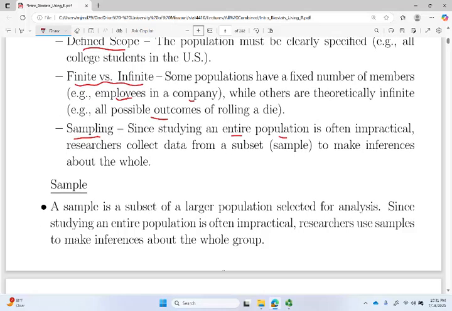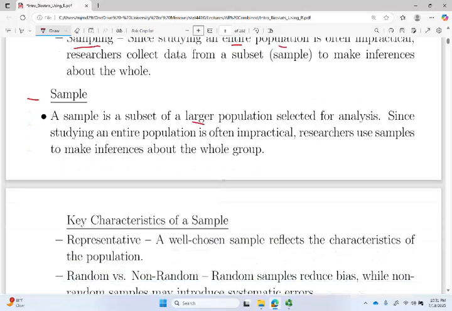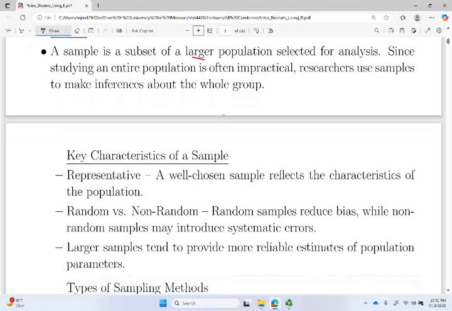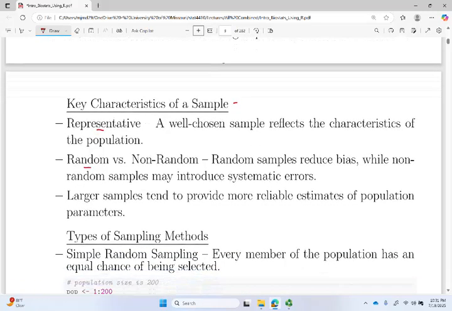Okay. So what is a sample? A sample, of course, is a subset of the larger population that's selected for analysis. Some key characteristics of the sample: of course, we want it to be representative, meaning we want it to be well chosen so that it reflects characteristics of the population. Is it a random sample or a non-random sample?